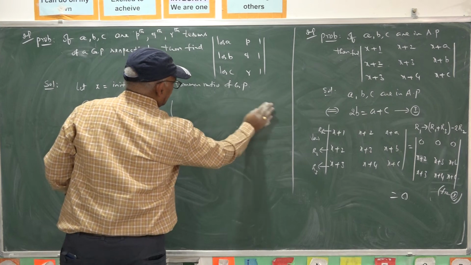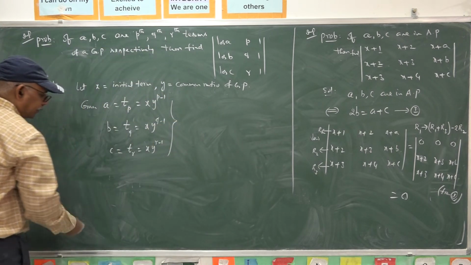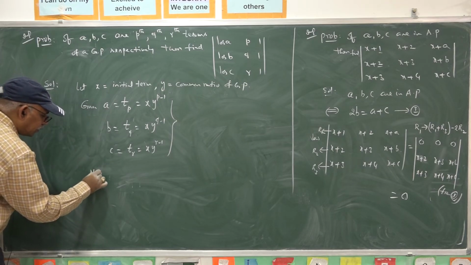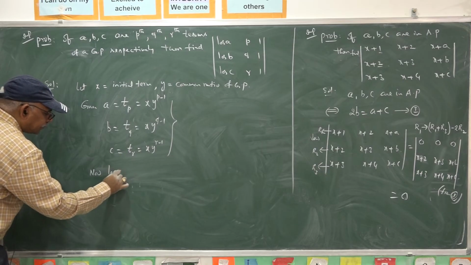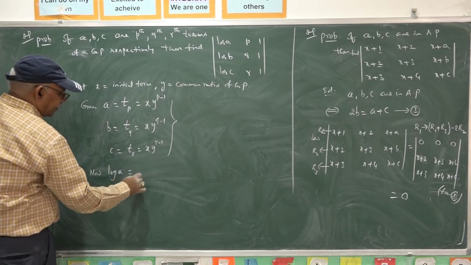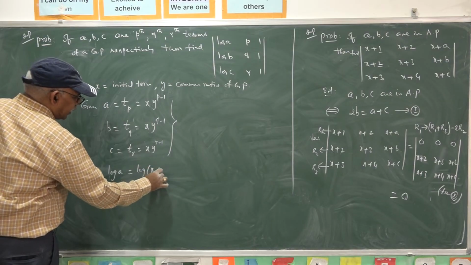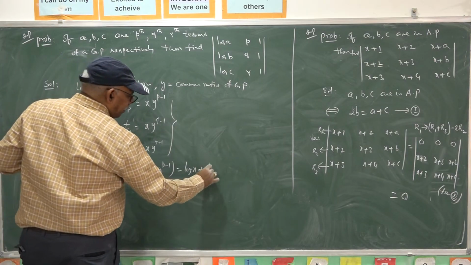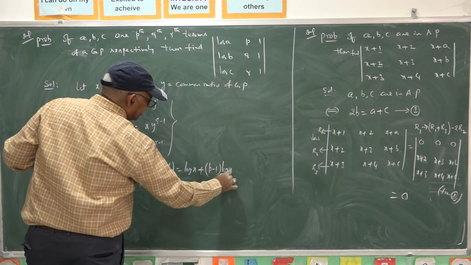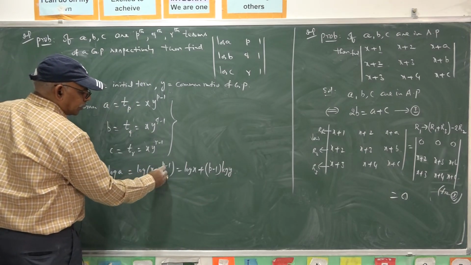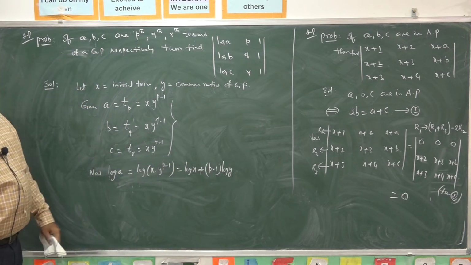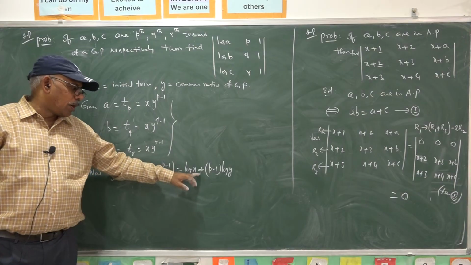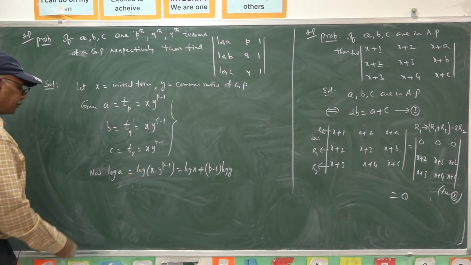Now, taking logarithms of A, B, C. Log A is log of X into Y power p minus 1, which is log X plus p minus 1 times log Y. Power comes to the product once you take the logarithm, by properties of logarithms.